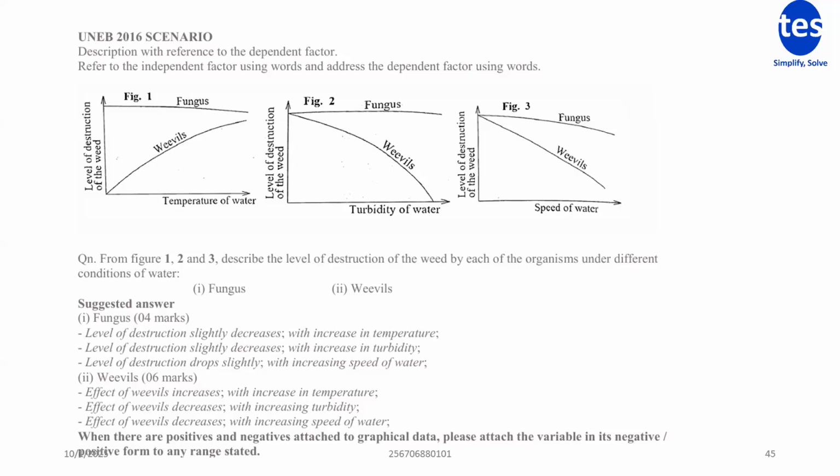Then level of destruction gradually decreases with increase in turbidity. Then the level of destruction decreases. Now here they use drops, but that's not right. We are supposed to say decreases gradually with the increase in speed of water. Don't use the word drop or slightly.